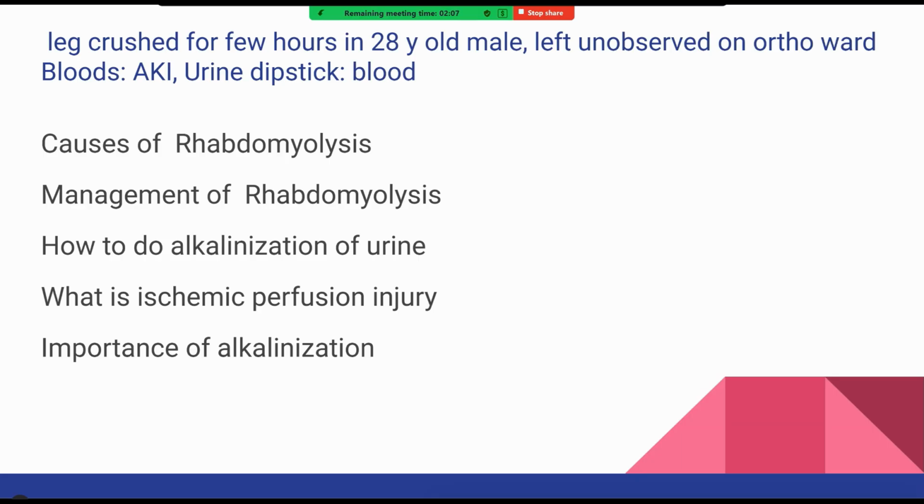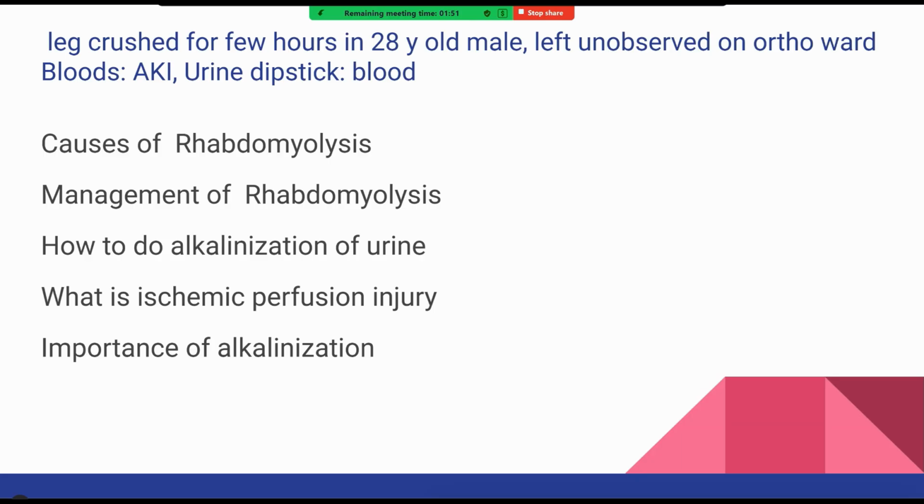Urine alkalization is also important in preventing complications of myoglobinuria that might result from rhabdomyolysis.